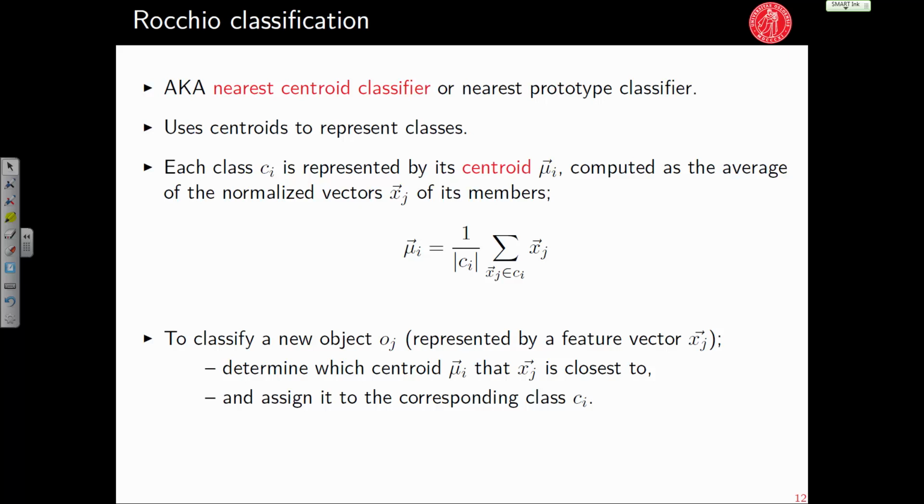That's one of the simplest classification methods, but it's somewhat powerful. And the centroids that the algorithm computes will define the boundaries of the class regions. Remember we talked about classification being the definition of decision boundaries, and the centroids will define the class regions and hence the decision boundaries.